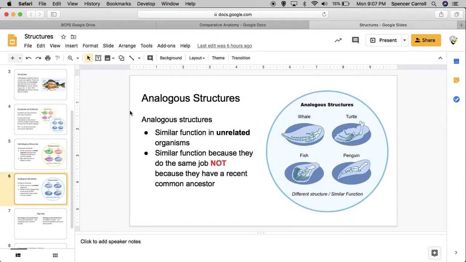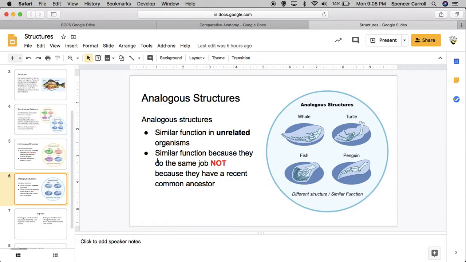Lastly, we have analogous structures. These are structures that are similar in function in unrelated organisms. So that means 2 organisms that are not related, they do not have a common ancestor, but their structures appear very similar. The reason they're similar is because they do the same job, not because they have the same ancestor. A great example would be, think about flying insects.